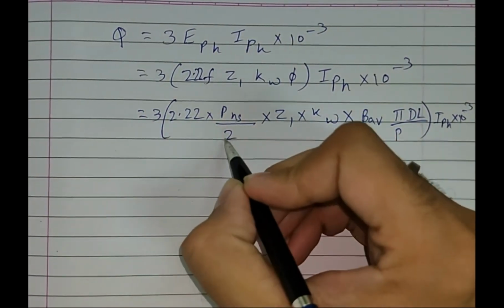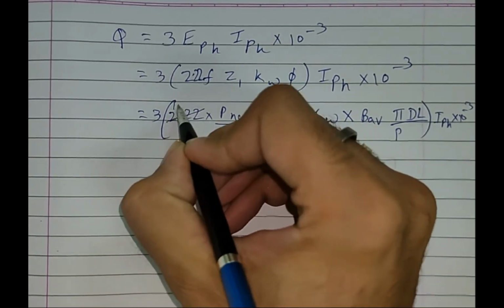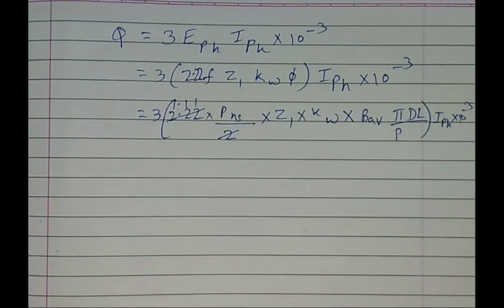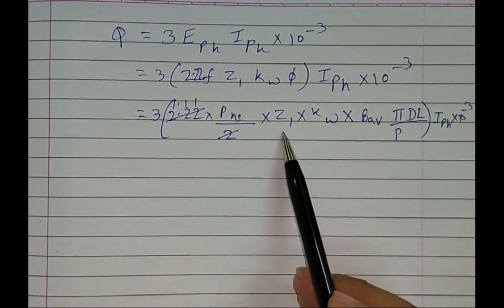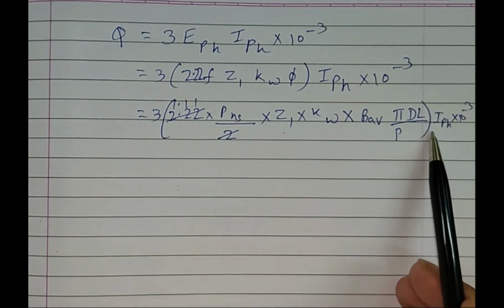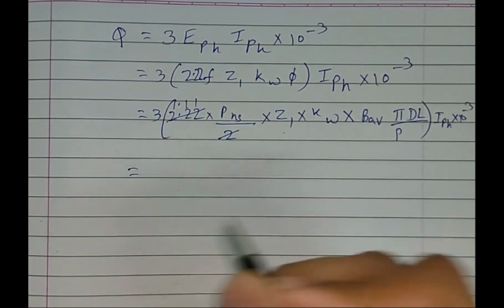Further solving this equation, we can see this 2 can simplify this and this becomes 1.11. I am clubbing this 3 with Z1 and IPH. We will see why we are doing this.